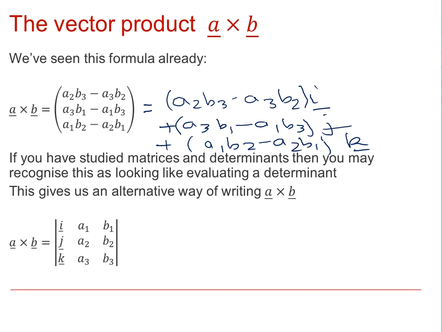Having studied matrices, you will know the determinant may also be written with different rows and columns transposed. So, in some textbooks, the i, j, k unit vectors may be in the first row rather than in the first column.